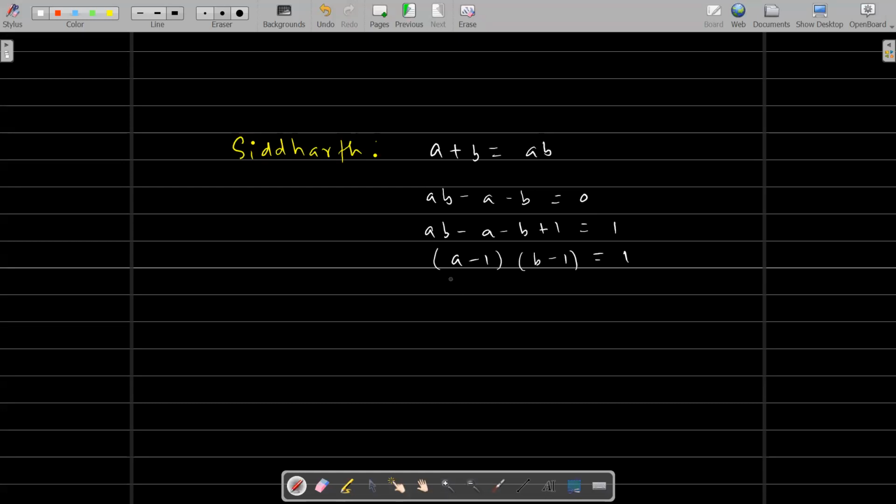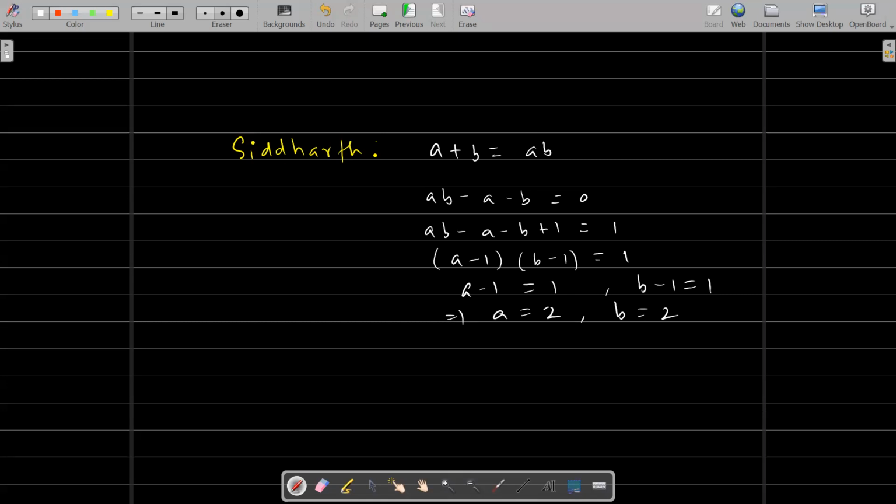Okay, so the product of two natural numbers is 1, so A minus 1 must be 1 as well as B minus 1 must be 1. The other possibility would be both being -1, but then you'd get A equals 0, B equals 0, which doesn't exist. So that's the only solution.